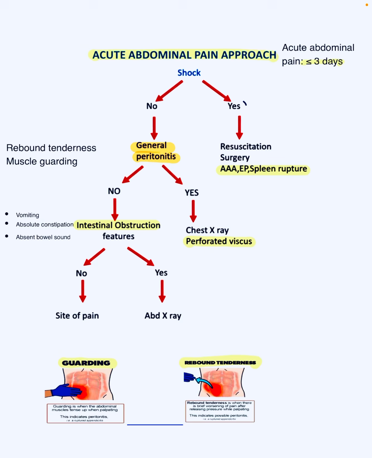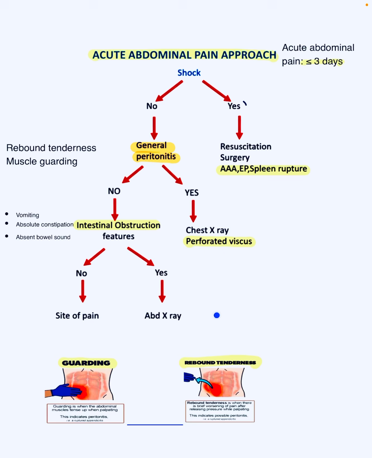If general peritonitis signs are not present, then we should look for signs of intestinal obstruction, that is vomiting, absolute constipation, and absent bowel sound. If signs of intestinal obstruction are present, then we should do abdominal X-ray.